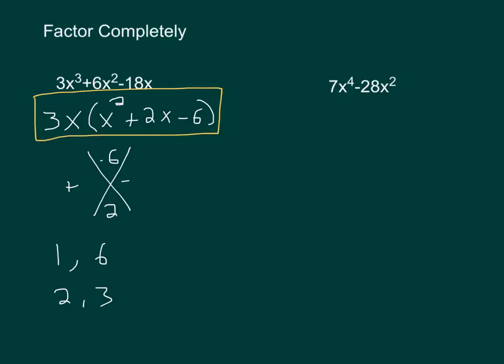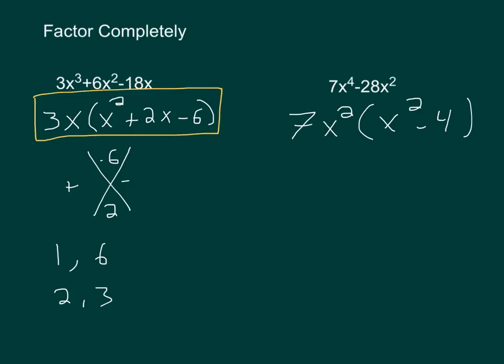Let's look at the next example. Again, look for a common factor first. If I look at this common factor first, I'm going to see that it has a 7 and an x squared as a common factor, which would leave behind x squared minus 4.